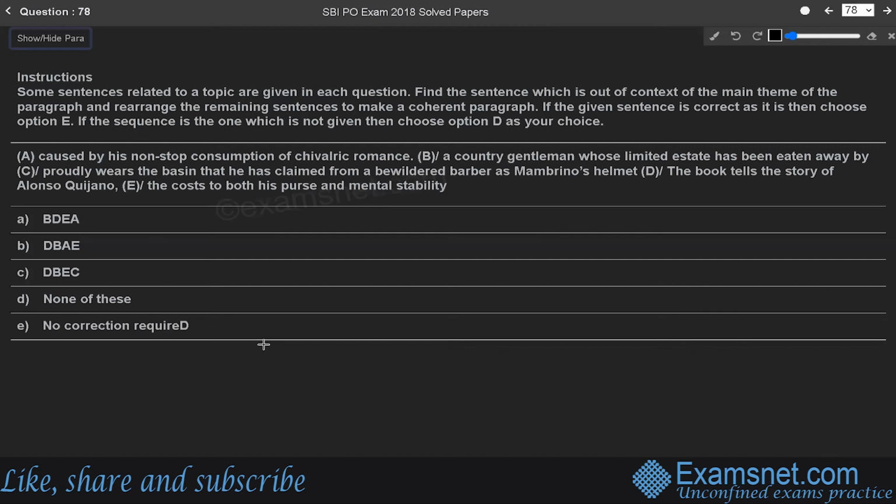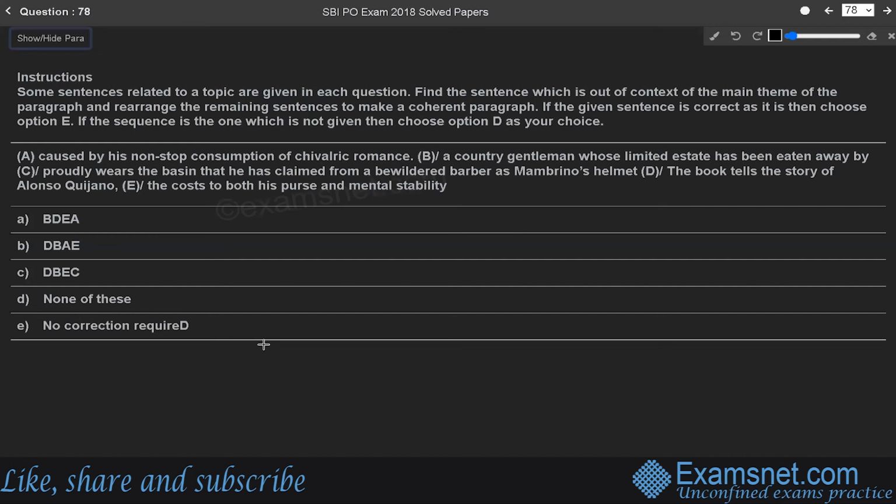Here, on carefully reading the fragments, we see that the story of Quijano is the topic of the sentence. Hence, fragment D, which introduces the topic, should be the opening part of the sentence. Also, sentence B should follow sentence D as it adds information about Quijano. Sentences E and A form a pair as they explain the cost and the causes of them.